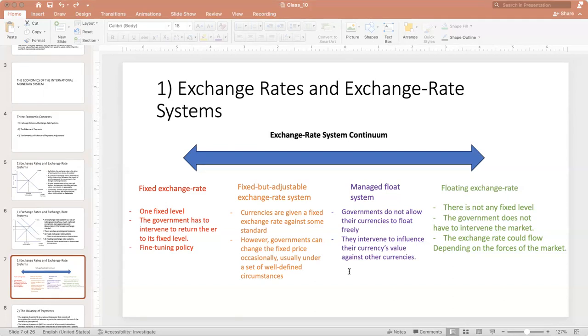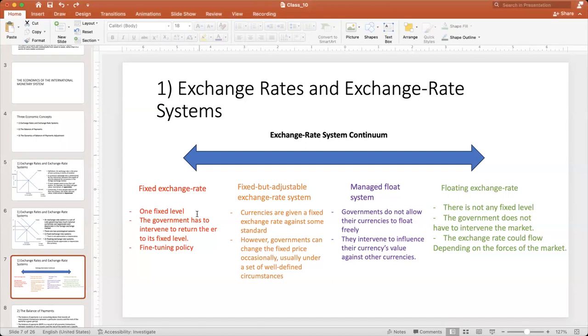And of course, there should be monetary policy coordination, because the central bank coordinates its monetary policy decisions with the exchange rate objective. So interest rates, money supply, and other policy tools are utilized to support the fixed exchange rate and maintain macroeconomic stability.